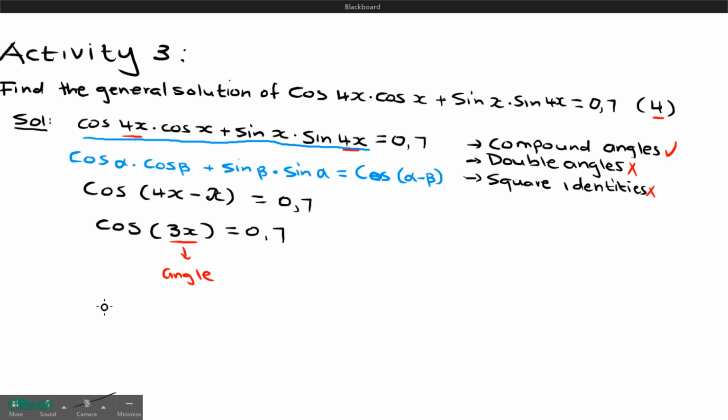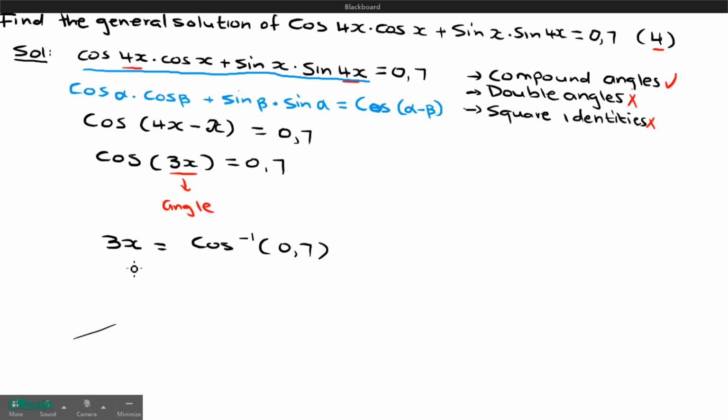We can say 3x is equal to the inverse cos of 0,7, which according to the calculator is 45,5729963 degrees.